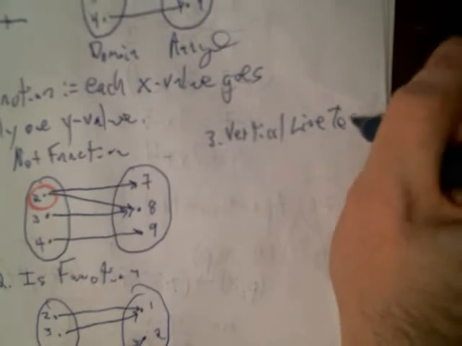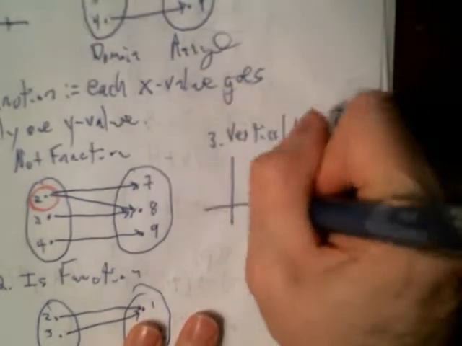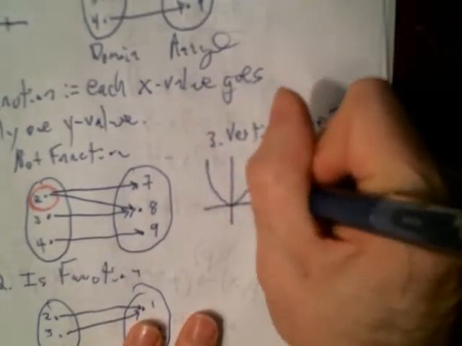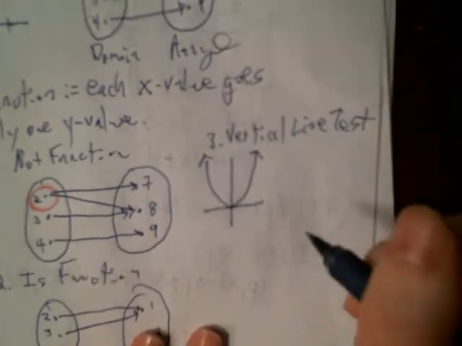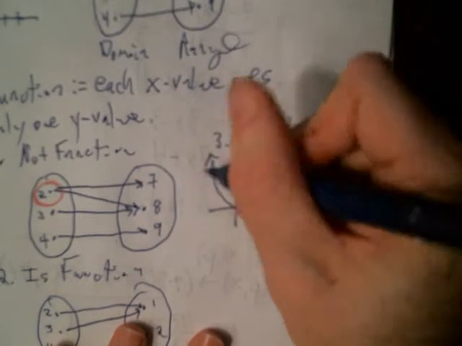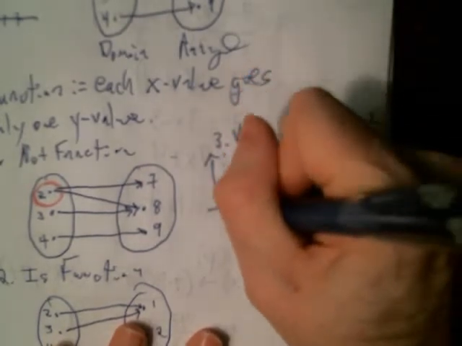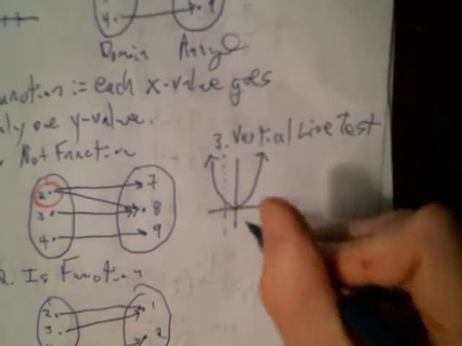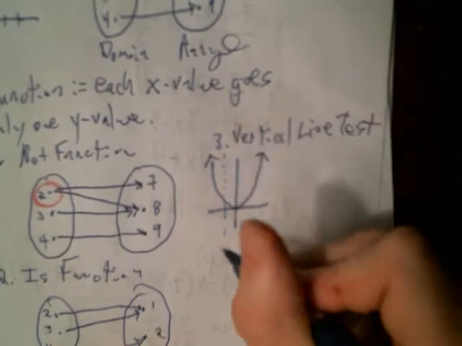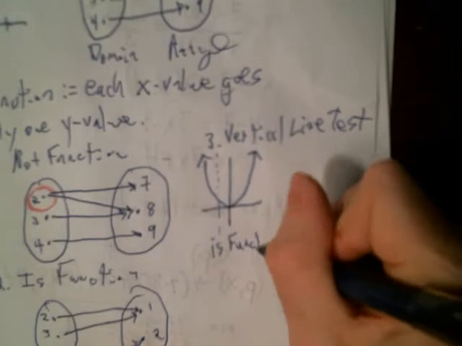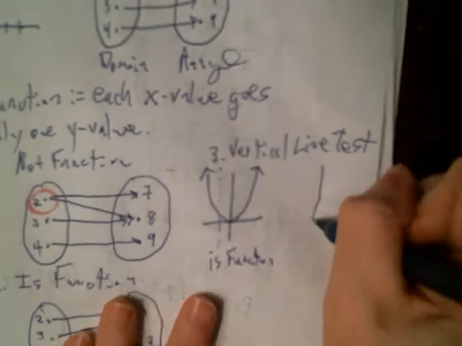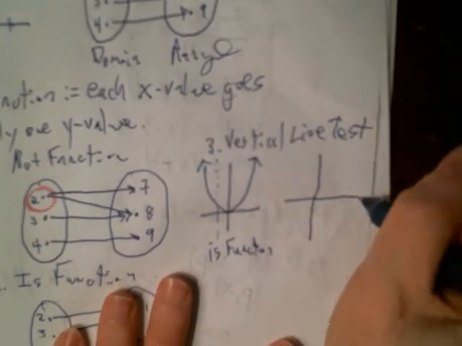So if you do have graphing software that's going to graph your equation, or your relation, you could tell if it's a function or not by applying the vertical line test. In other words, if it hits the graph in more than one place, it's not going to be a function. So this guy is a function. The sideways facing parabola is not a function then.